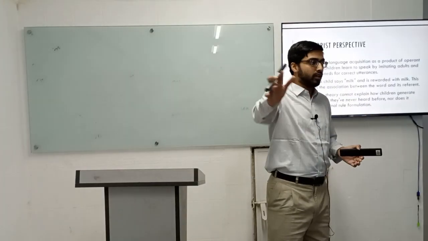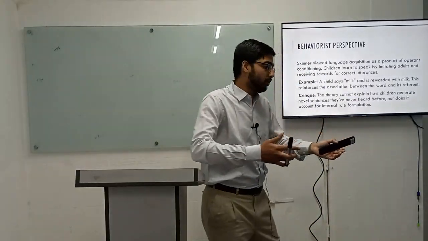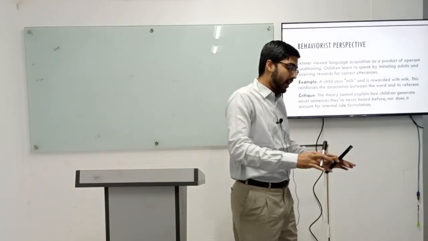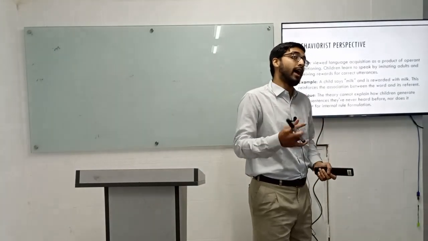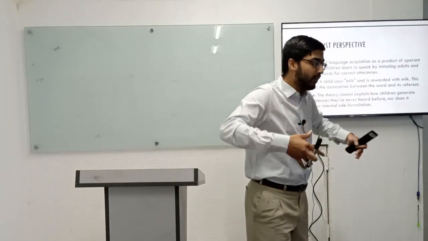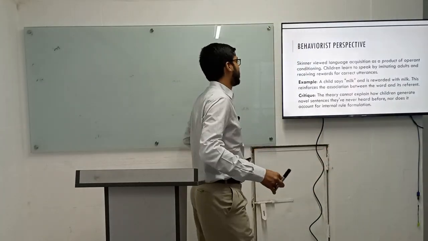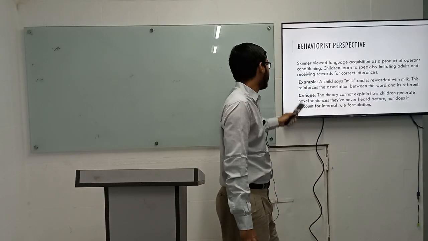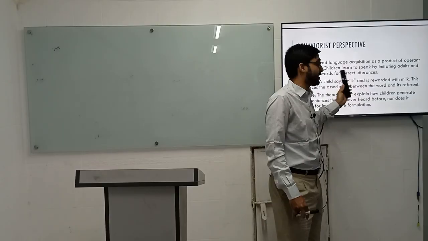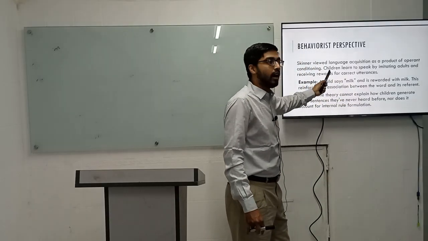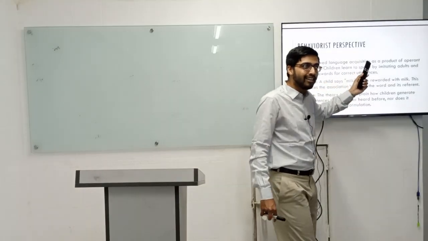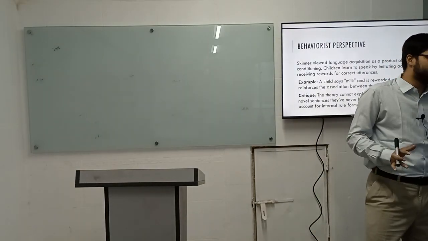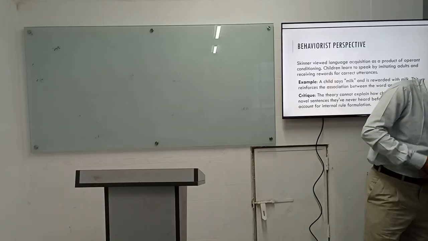Suppose I am speaking with a girl and a child is sitting there, and the child is trying to act like us. This is a very common phenomenon among children. So children learn speech by imitating adults and receiving rewards for correct utterances. Here rewards are important. Reinforcement is connected to rewards. How could we reinforce? By rewarding them.